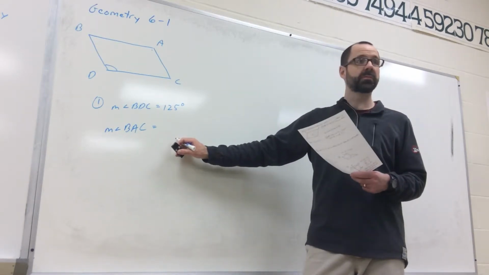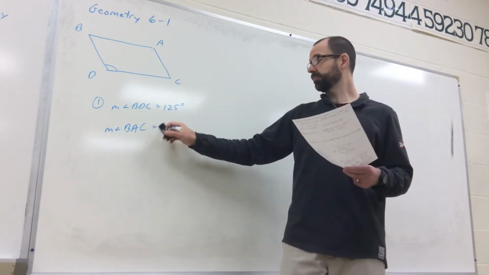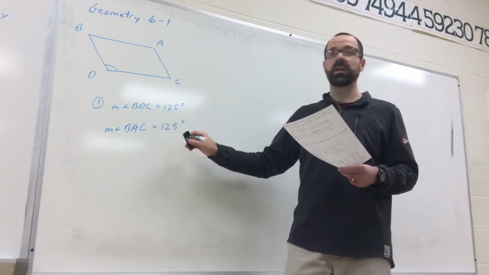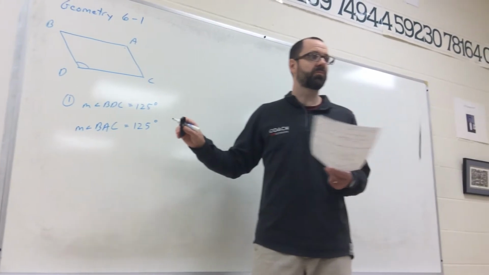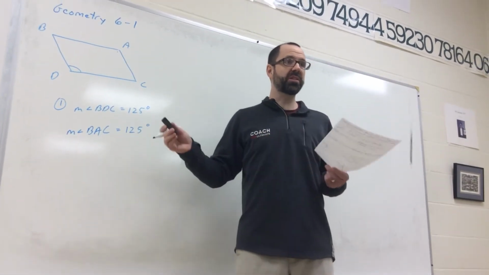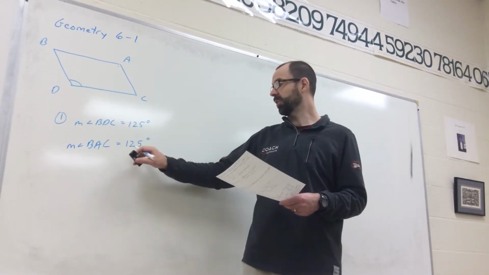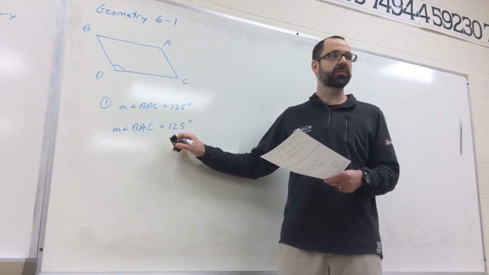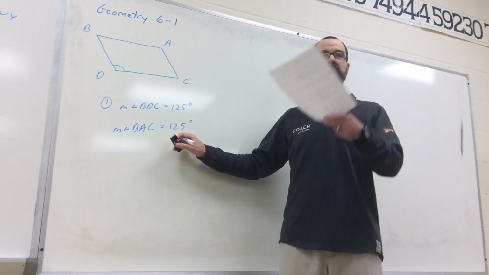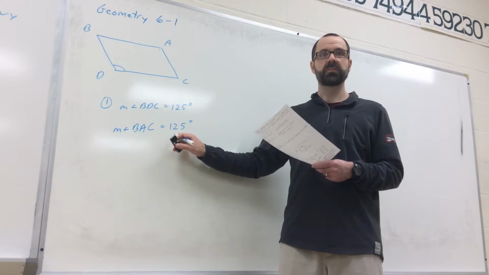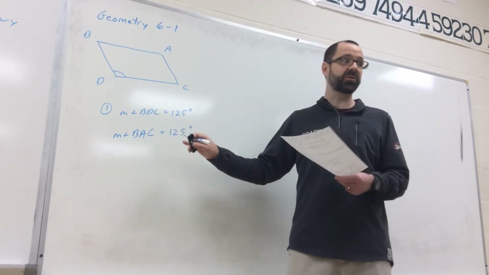Yeah, Taylor? 125 also, good. And then the directions also say give a reason for your answer. So how do we know that this angle is 125? Yeah, Manny? Yeah, on a parallelogram, opposite angles are congruent.